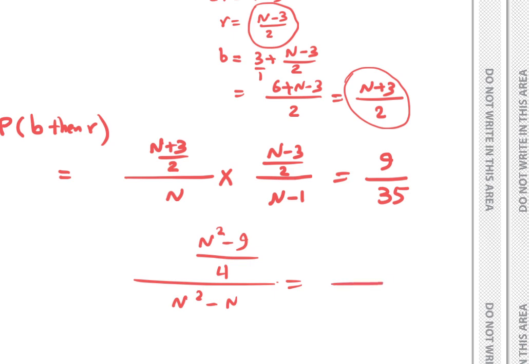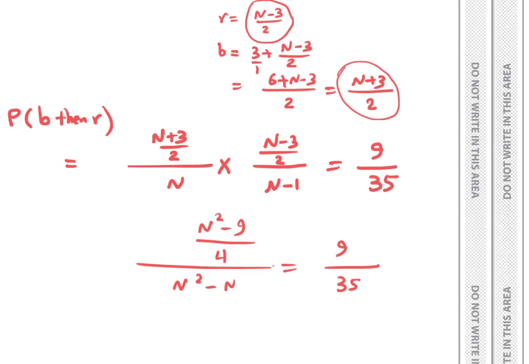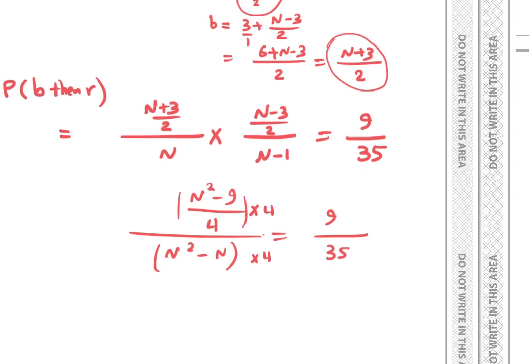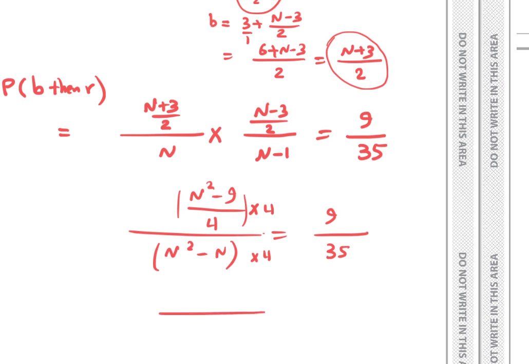This equals 9/35. Now we can multiply the numerator and the denominator of the fraction on the left by 4 to cancel this 4. Now the numerator will be n squared minus 9 and the denominator 4n squared minus 4n, equals 9/35.